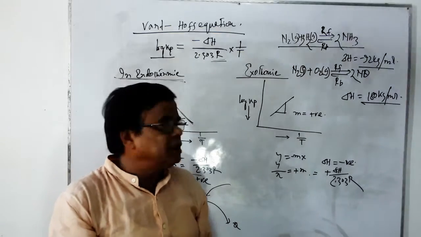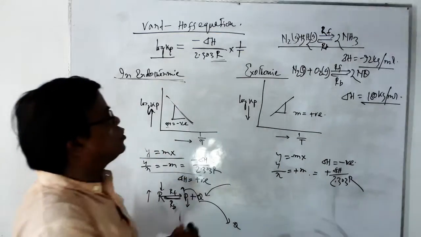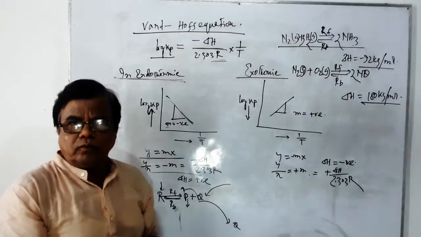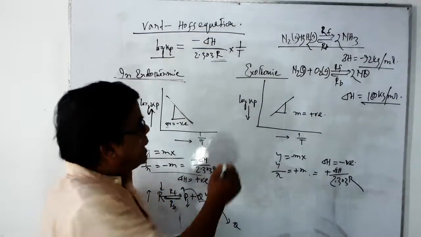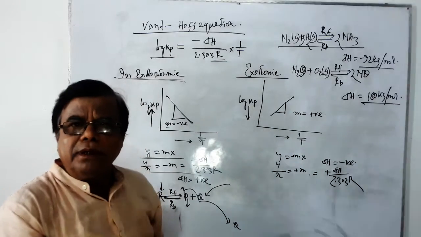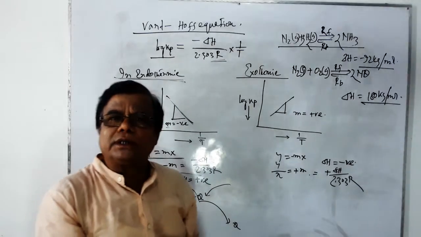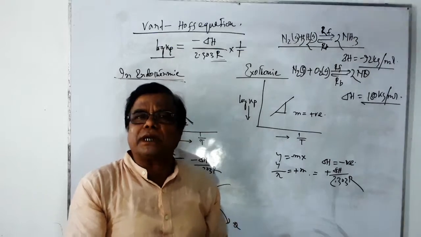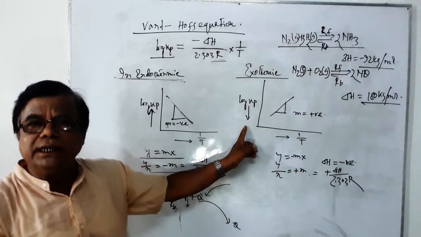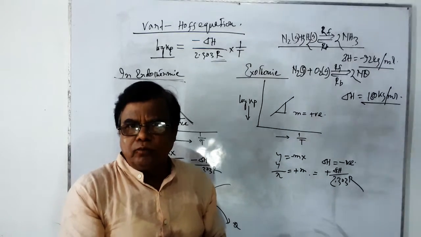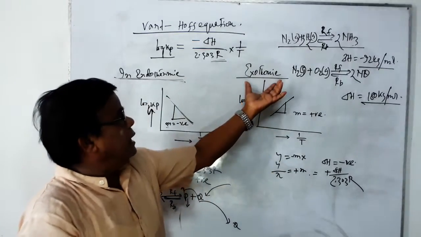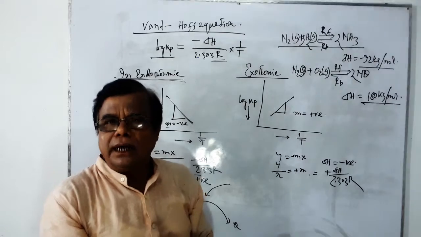The graph is the reverse of the endothermic one. In this case, when temperature increases, the value of log Kp, that is the equilibrium constant in terms of partial pressure, decreases, and the graph will have a positive slope. This is the exothermic reaction.